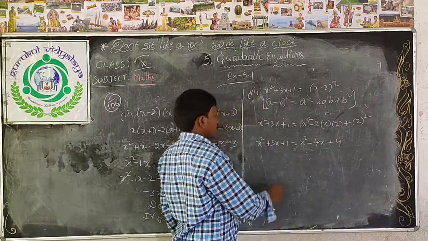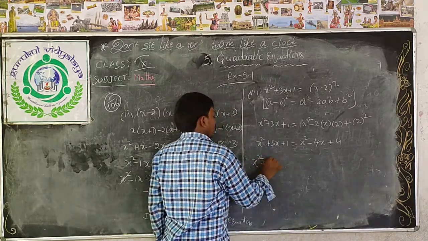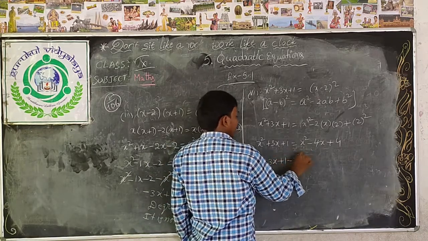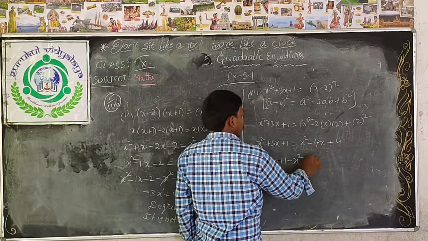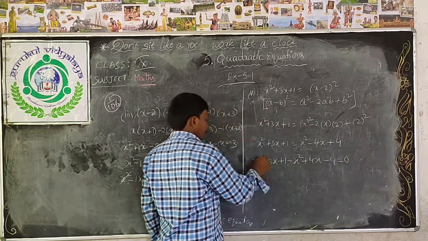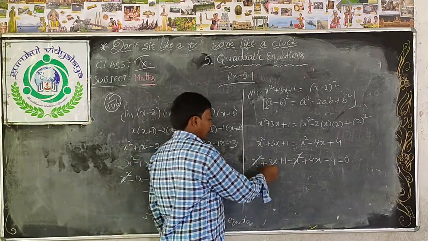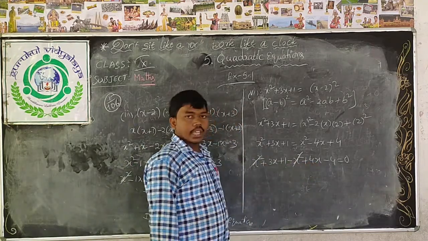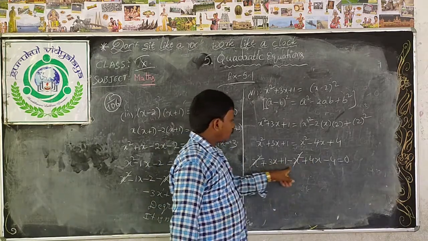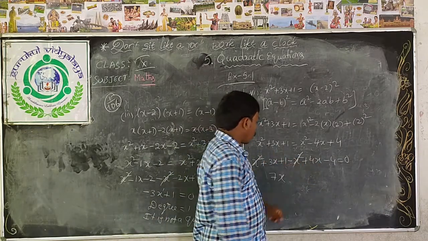Okay children, next transforming all terms in RHS to LHS. x square plus 3x plus 1 plus x square to LHS, minus x square, minus 4x to LHS plus 4x, plus 4 to LHS minus opposite. Plus x square minus x square, both having same quantities, so opposite. Next plus 3x plus 4x, both having same positive number, add 3 plus 4, 7x. Plus 1 minus 4, so opposite. 1 plus 1 negative, subtract 1 from 4, you get 3.